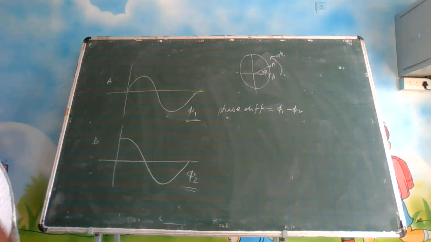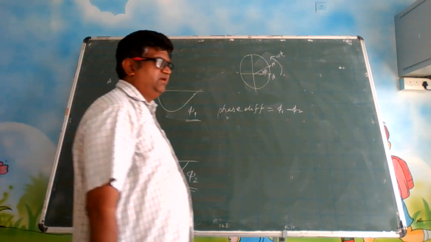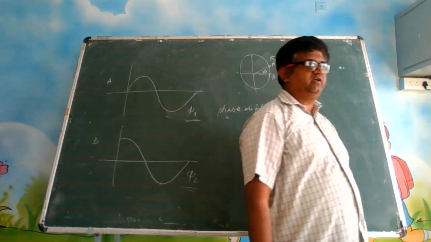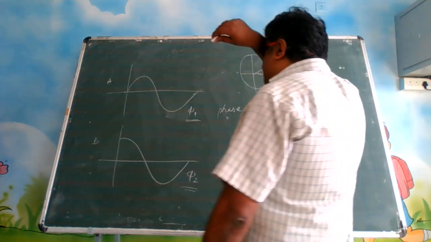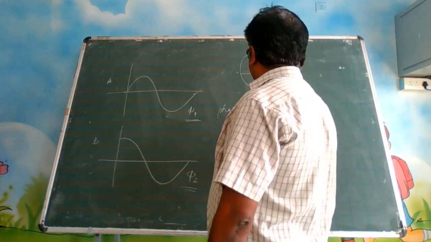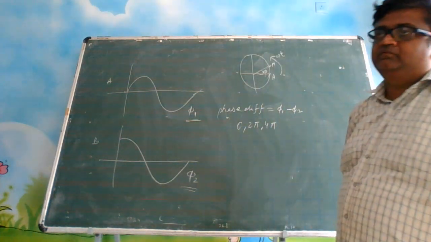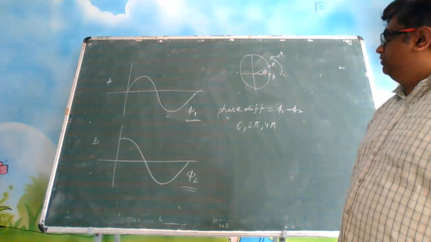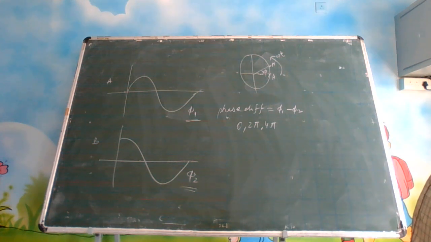And phi1 minus phi2 values you can express in terms of angles, 0 degree, 180 degree, 360 degree, like that. Suppose phase difference is 0, 2 pi, 4 pi, like that. Okay. So if the phase difference is 0, 2 pi and 4 pi, what is it that we will call them?